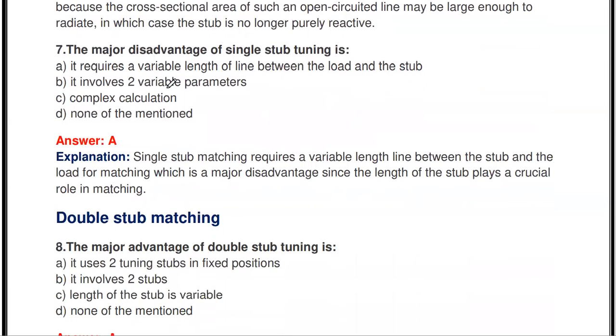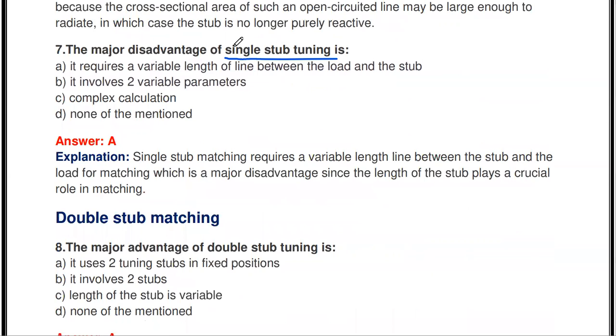Then the next question: the major disadvantage of single stub tuning is. It requires a variable length of line between load and stub; it involves two variable parameters; complex calculation; none of the mentioned.